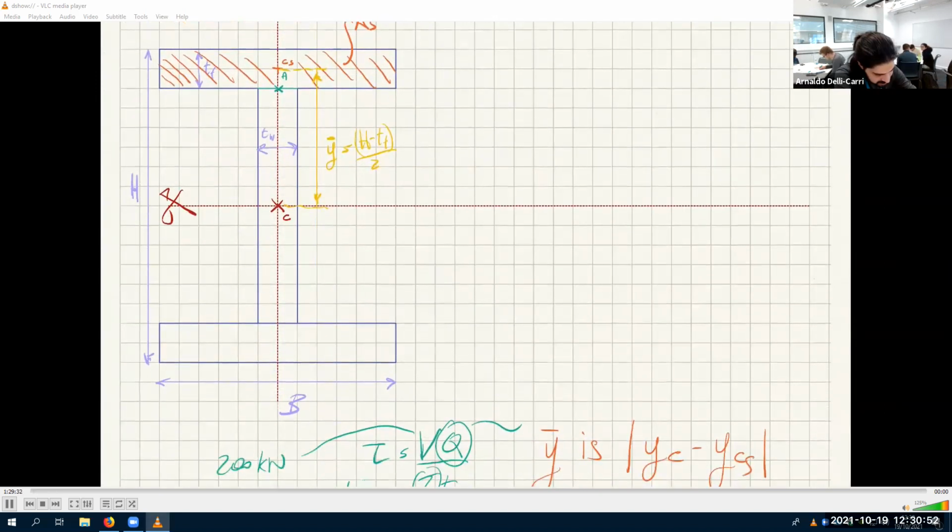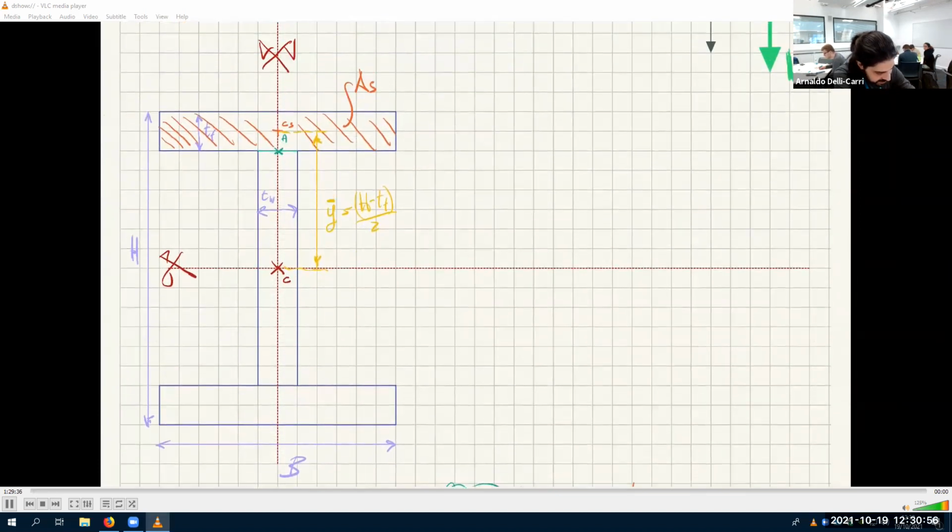So we can just substitute numbers here. What's the shaded area? AS is TF times B, so capital B times TF. And these are also numbers.